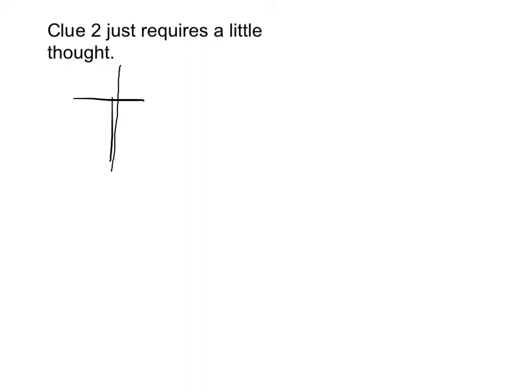Okay? A letter with 2 lines of symmetry would be the letter H, because it's got a line of symmetry there and it's got a line of symmetry there. So the first 2 letters in that code are 1, 2.